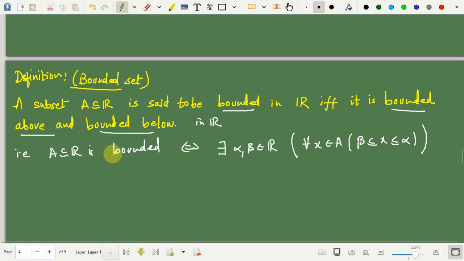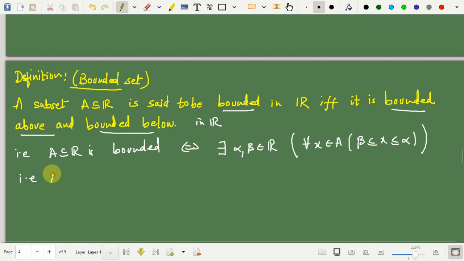right. So, in other words, if this is true, that means every point x is lying inside beta comma alpha. So, that is the same as saying the whole set A is lying in the closed interval beta comma alpha.